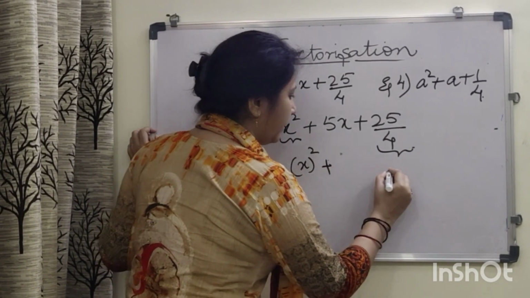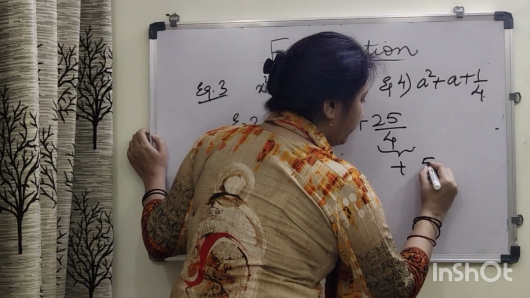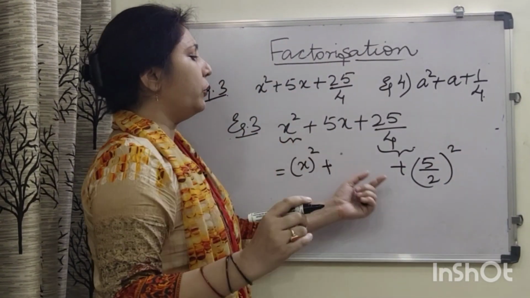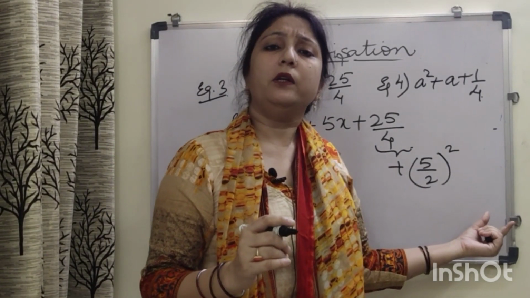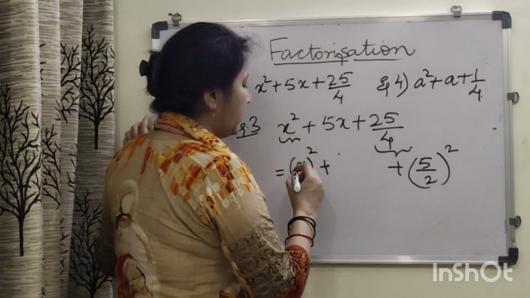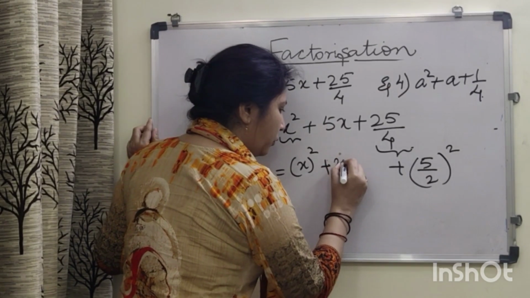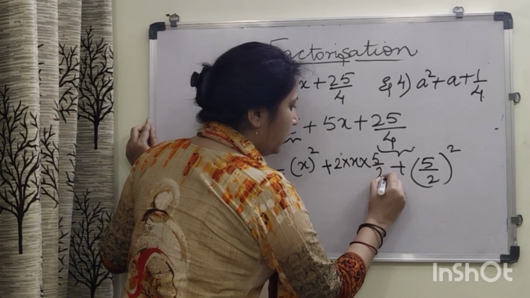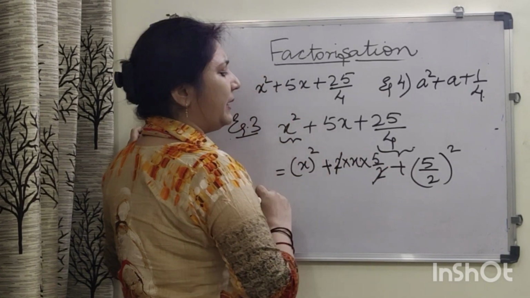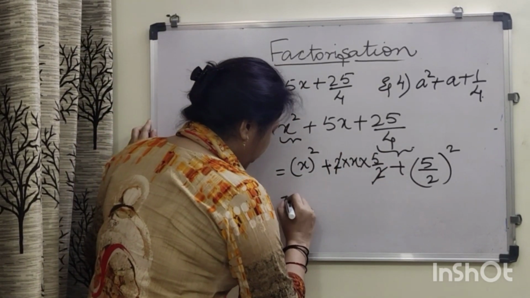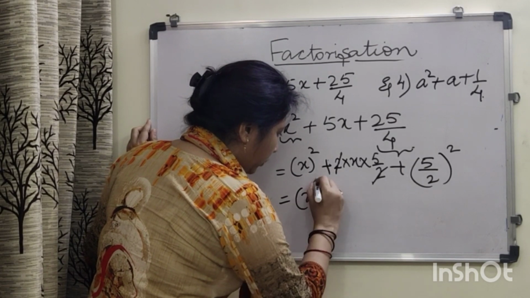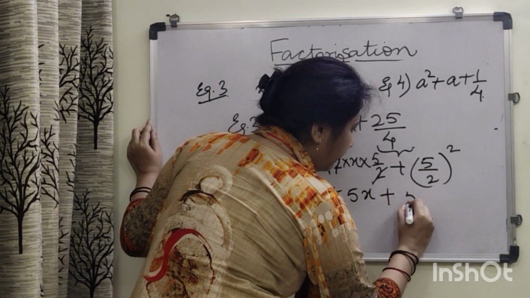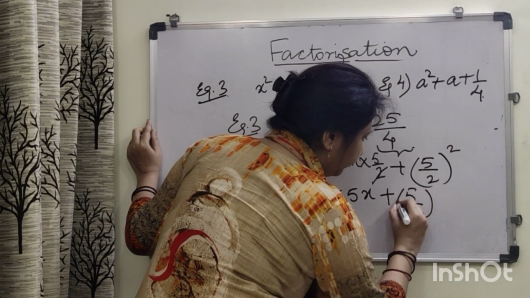We leave the midterm as it is, and this is 5 by 2 whole square. 25 by 4 is the square of 5 by 2. Now the 2ab term, let's write on our own. 2 into x into 5 by 2. Children, see, these 2's will be cancelled. So what you have got? X whole square plus 5x plus 5 by 2 whole square.